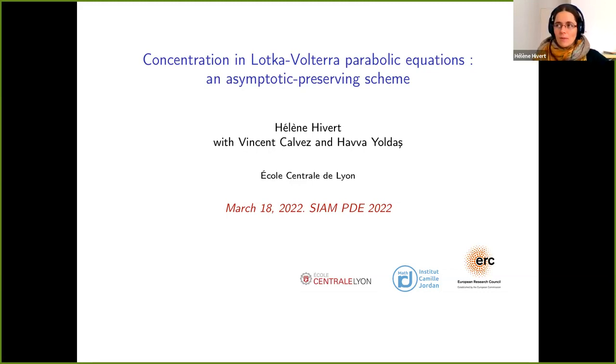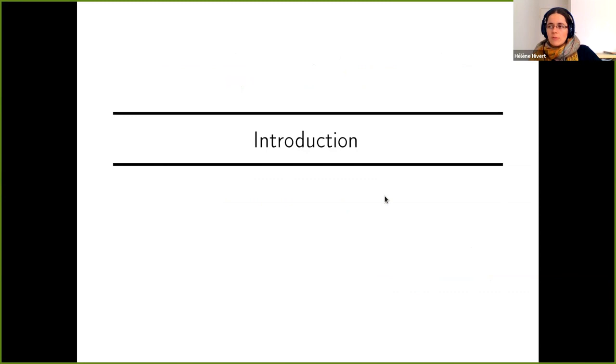It is not about kinetic equations, but it is about the design of asymptotic-preserving schemes for an equation which by nature has multiple scales. And so it is related to some problems that are considered in the numerical analysis of kinetic equations. I'll start with an introduction to present the problem.